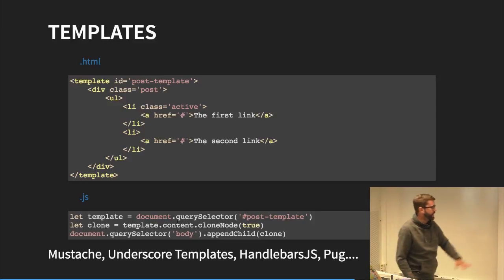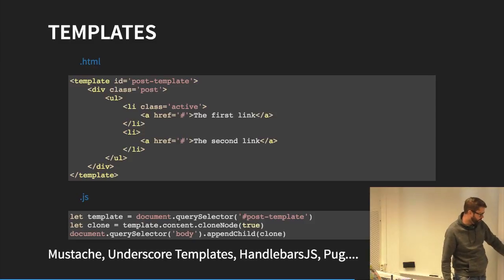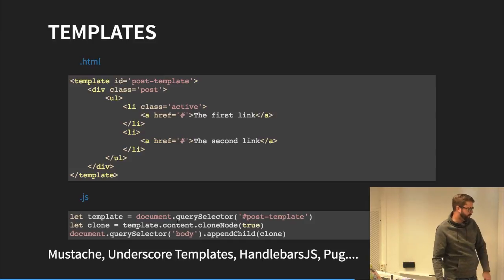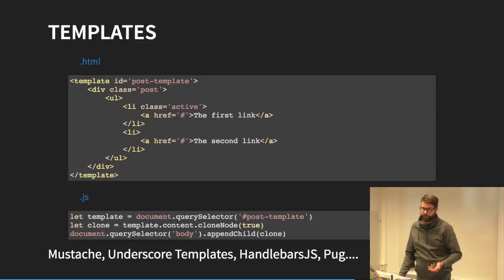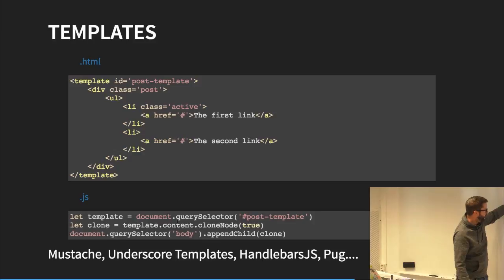Okay, so we have this in HTML, and then we do let template equals document.querySelector post-template. So we get a reference to this template element. And then we create a clone using the cloneNode that we talked about before. So I take the content of the template, everything inside of the template.